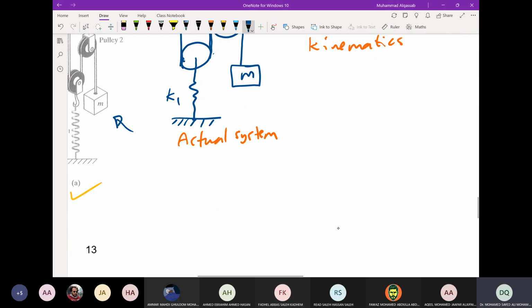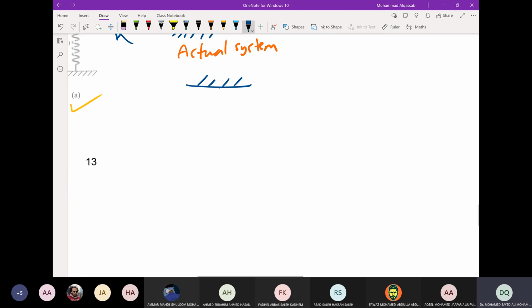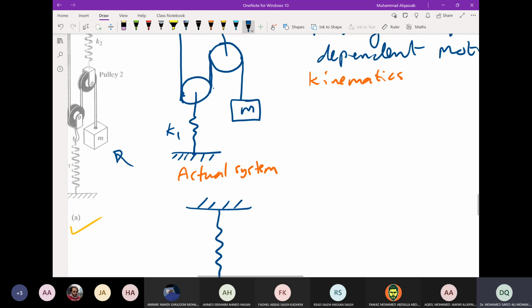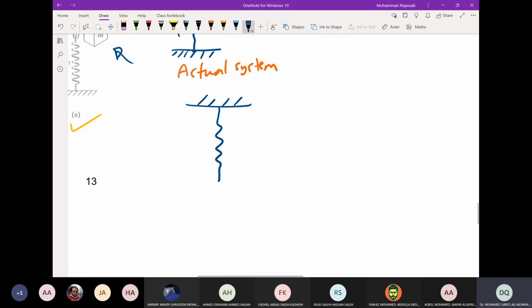The model should be a spring mass system. That is the system, because with the dependent motion, we can assume this is a single degree of freedom. This is M, and this is the K effective or equivalent.